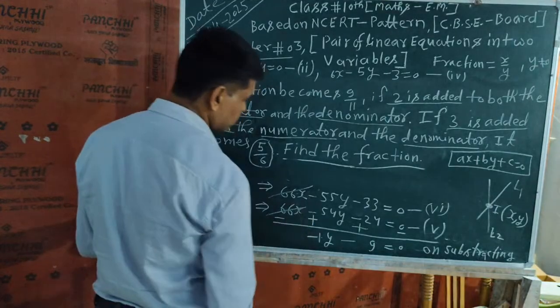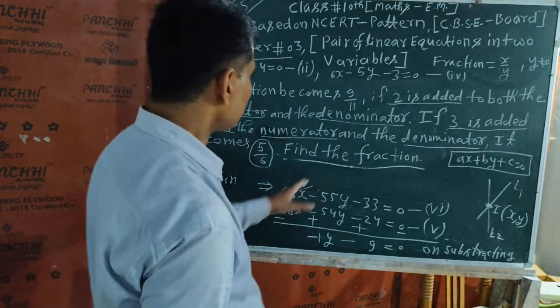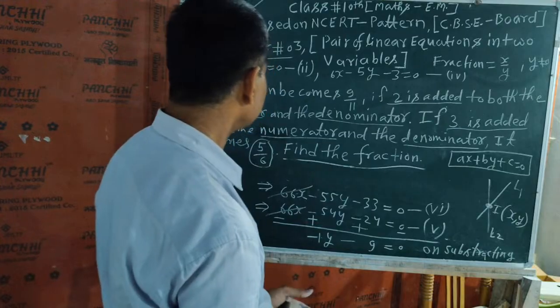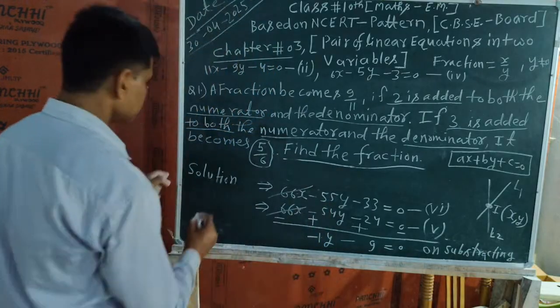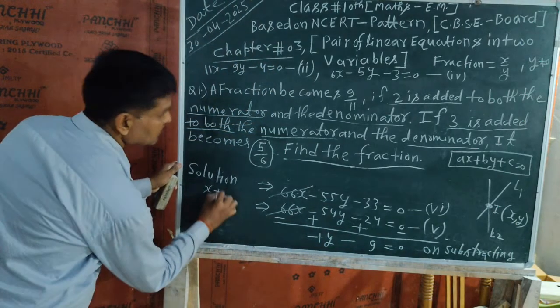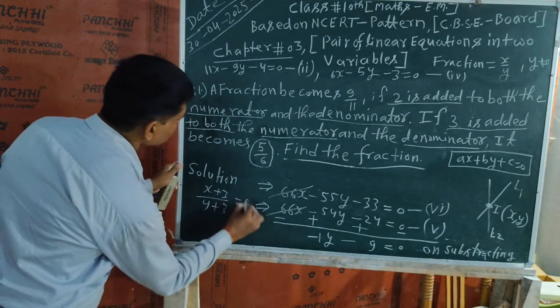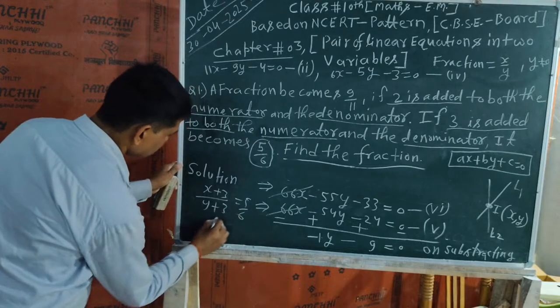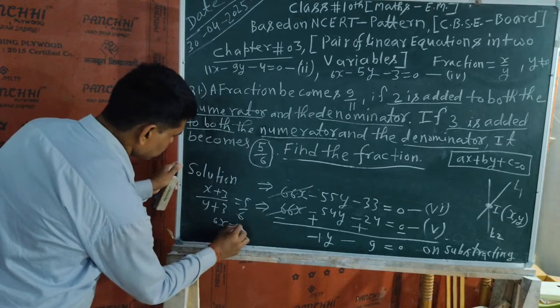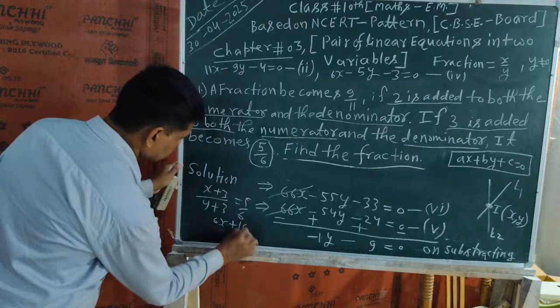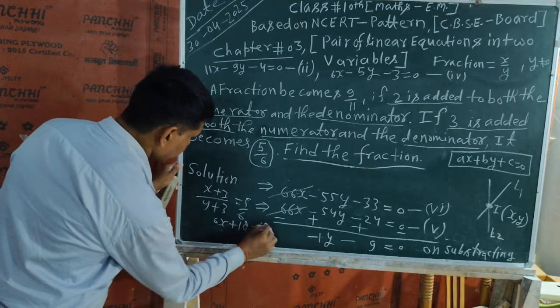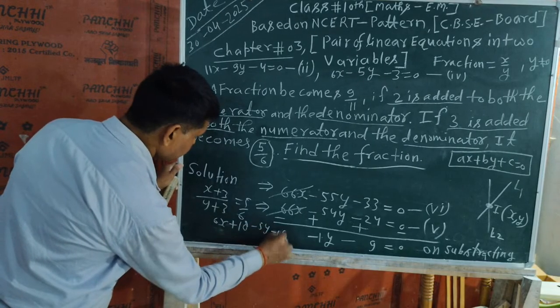So fraction I am going to check. So one was x plus 3 divided by y plus 3, which is equal to 5 divided by 6. 6x plus 18 minus 5y minus 15.